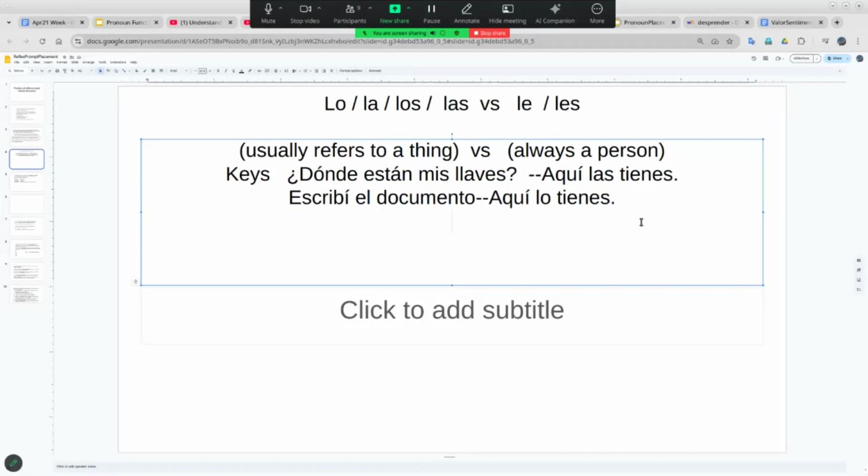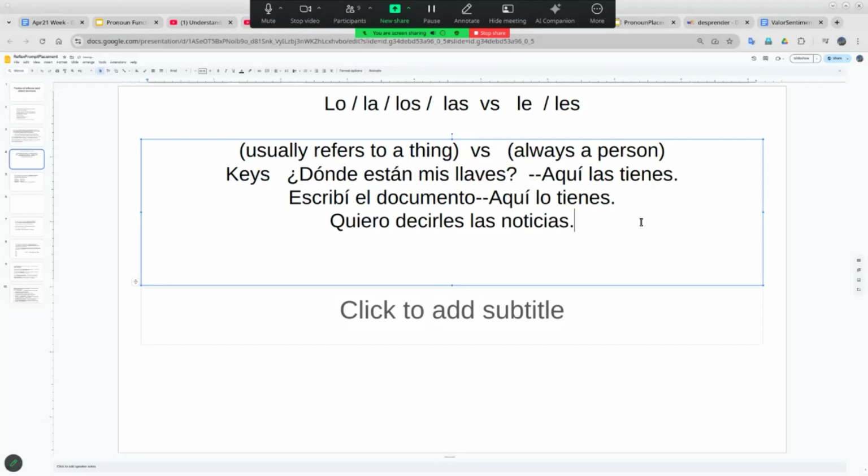So something like this. Siempre. Mejor, better. Quiero decirles las noticias.